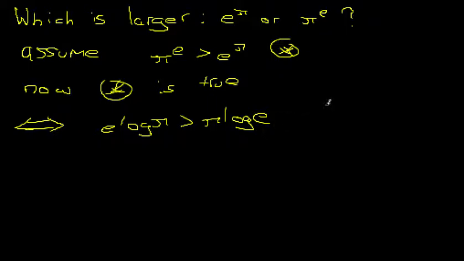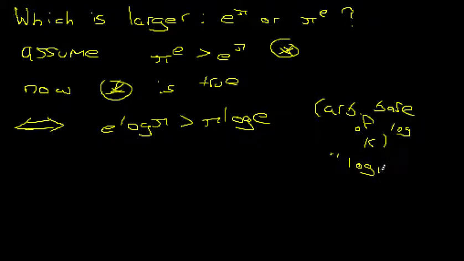This is to an arbitrary base of log, call it k. So this is like log base k of pi, like log base k of x. That's what we mean by log here, base k.